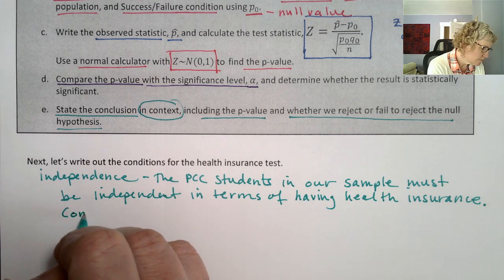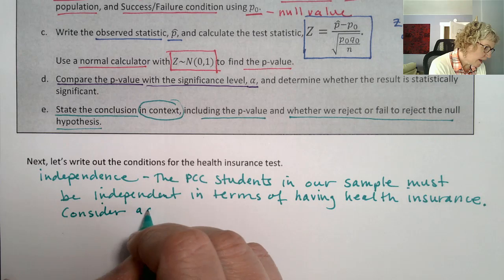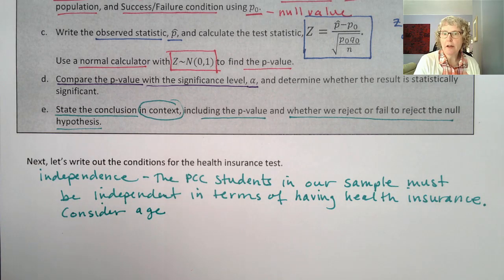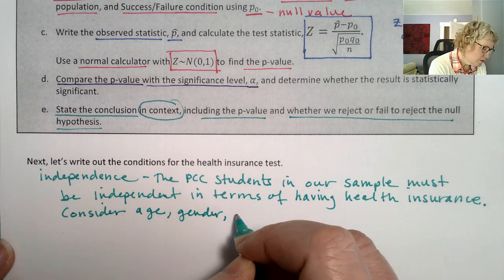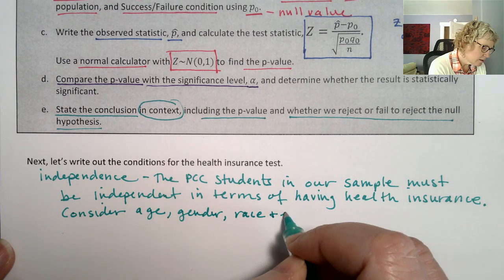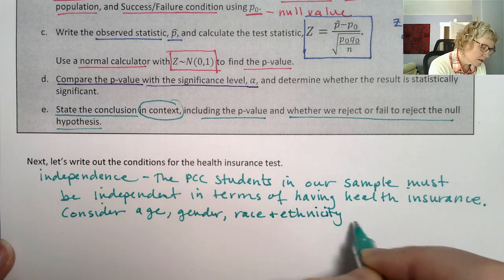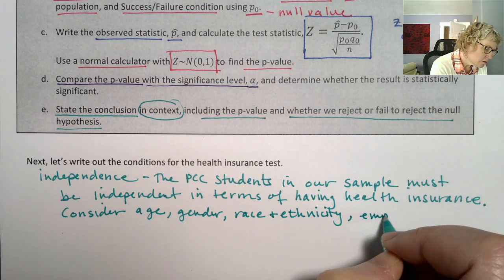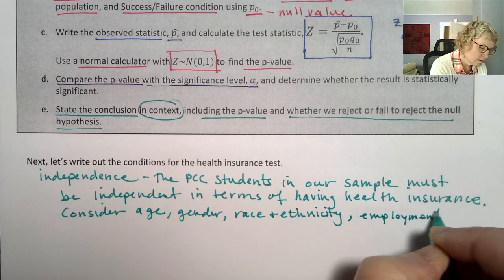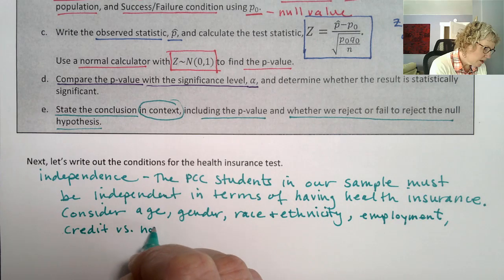So consider age. Age might really be a factor in health insurance, whether someone's covered by their parents still or not. So I'm going to say age, gender. We always want to consider race and ethnicity. Maybe whether someone's employed or not. We could look at credit students versus non-credit.